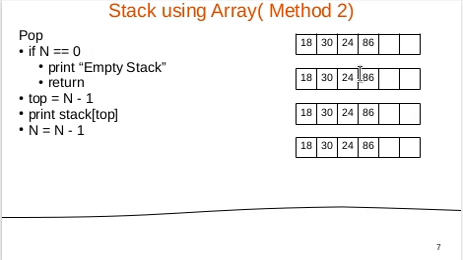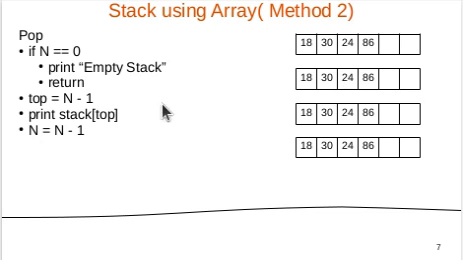That means this position. Print stack top, this will be printed, then n equal to n minus 1. So the number of elements will be 3. So we do not consider here, we have set top here, so we cannot access this position anymore.